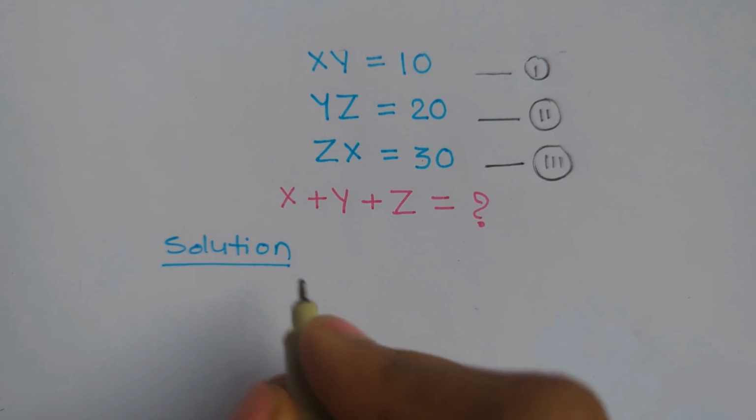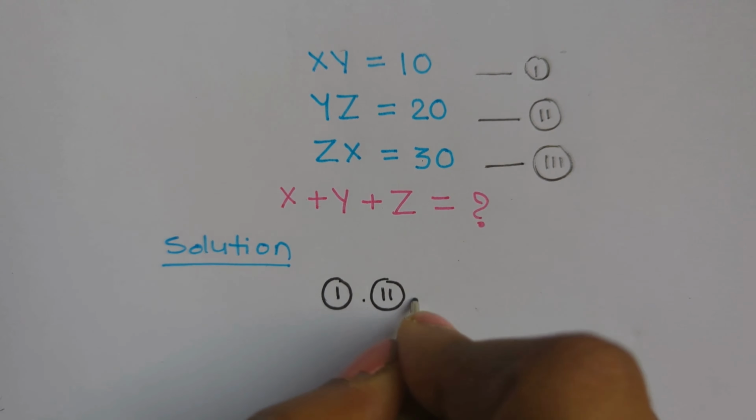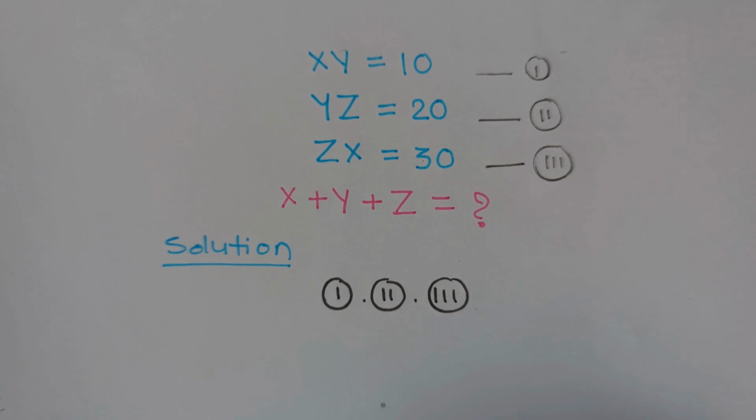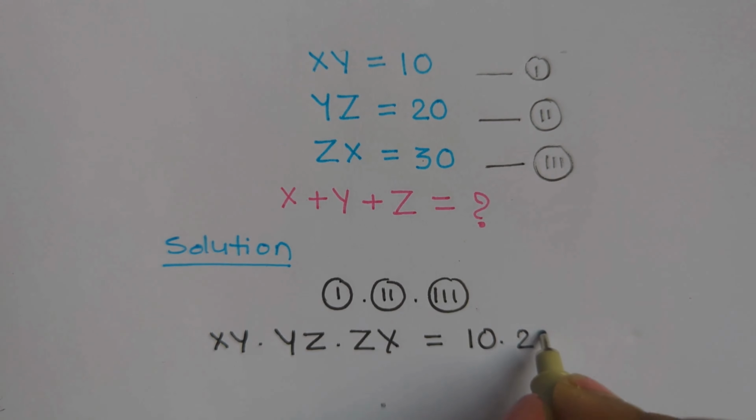Multiply these three equations, equation 1, equation 2 and equation 3. On the left hand side it would be xy into yz into zx. On the right hand side it would be 10 into 20 into 30.